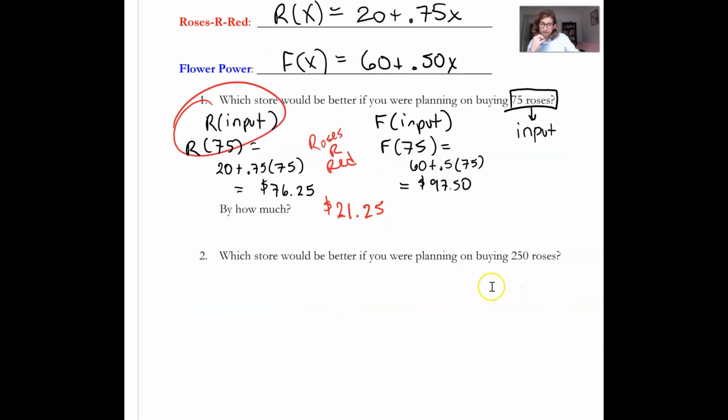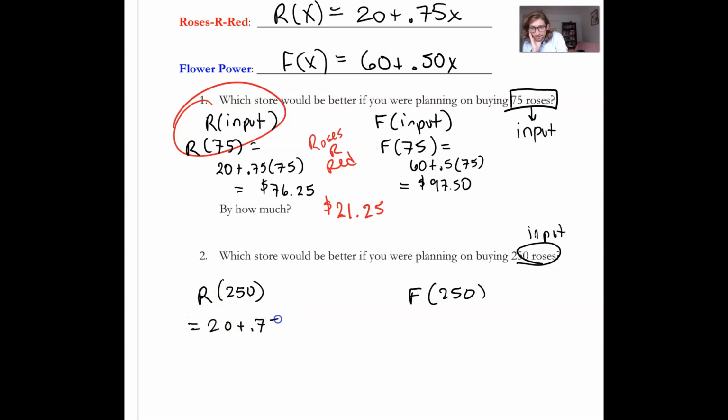Which store would be better now for number 2 if you were buying 250? So I'm going to run through this one with you right now. 250 roses is our input, so we're going to input that into our functions. So we get 20 plus 0.75 times 250, and then for f, it's 60 plus 0.5 times 250.